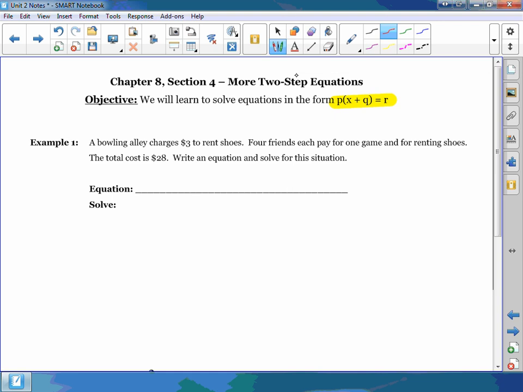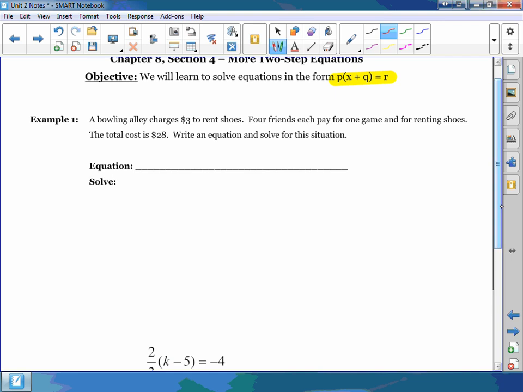Example 1. A bowling alley charges $3 to rent shoes. 4 friends each pay for 1 game and for renting shoes. Total cost is $28. Write an equation and solve for this situation. But I want to write an equation in the format like I have highlighted here. So just to clarify, 4 friends. Everybody's playing 1 game, and everybody's renting 1 pair of shoes.